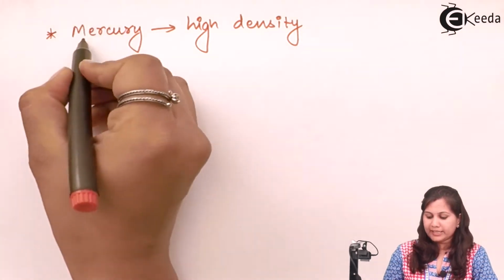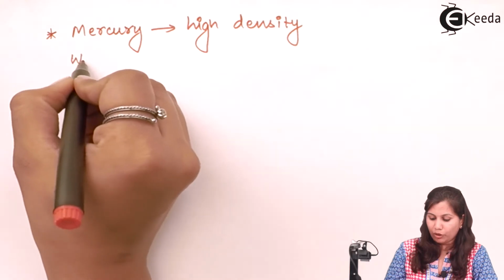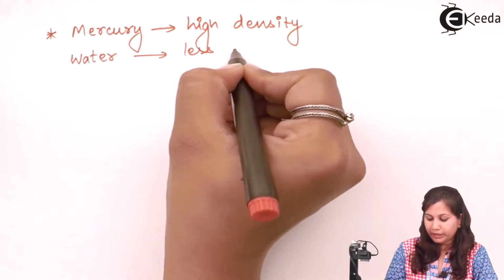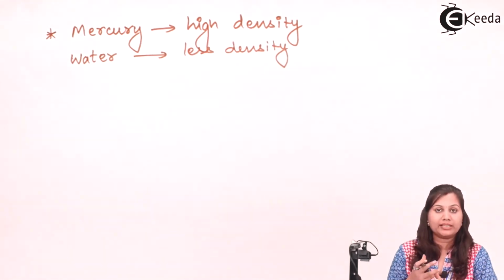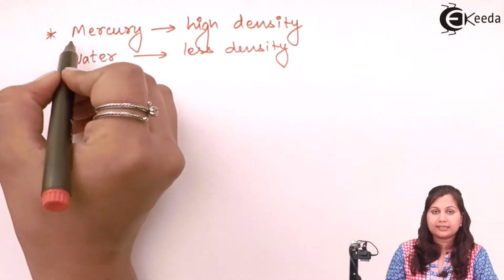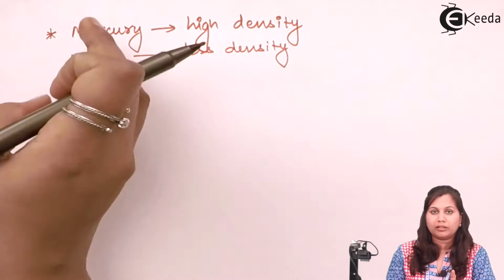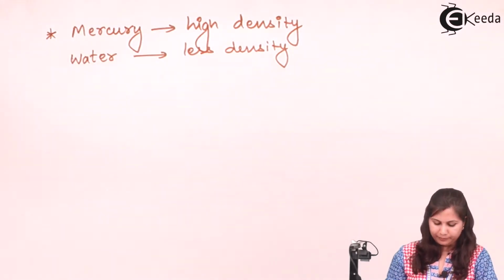If instead of mercury we use water, water has less density as compared to mercury, so the amount of liquid required for the measurement of pressure will be more in the case of water and less in the case of mercury. So to reduce the size of the fluid required, mercury, which has very high density, is used.